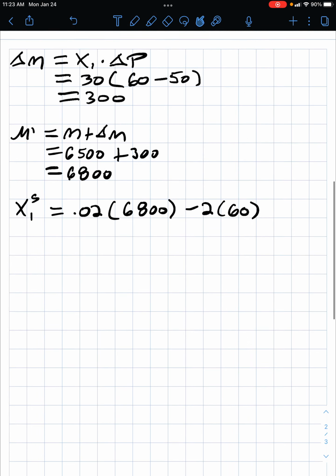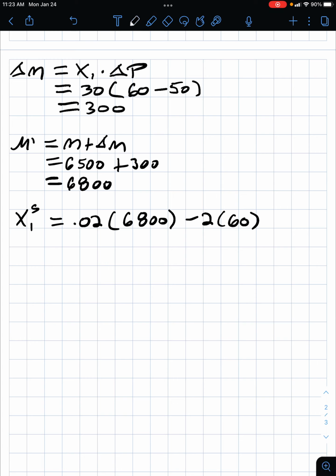So this is his new demand given this new income. Once you plug this into a calculator, his substitution demand is going to be 16 video games.